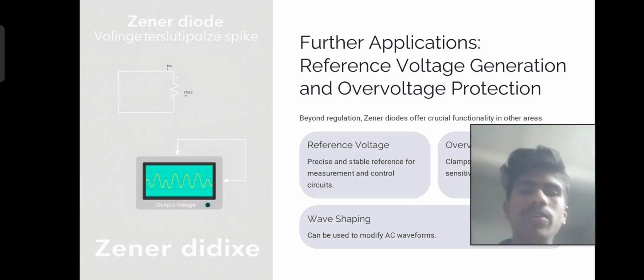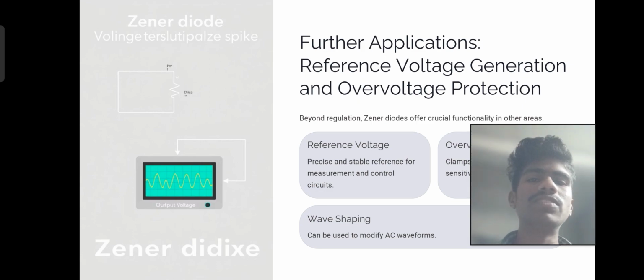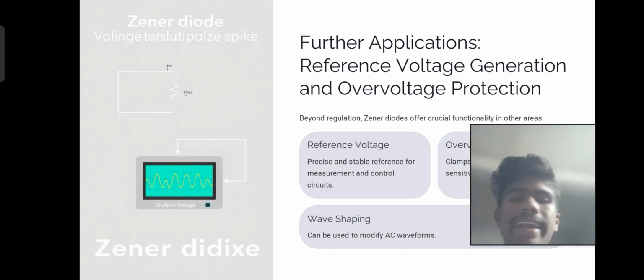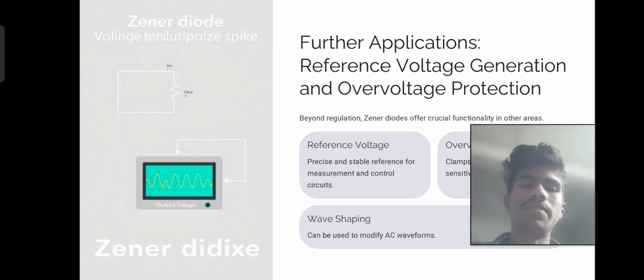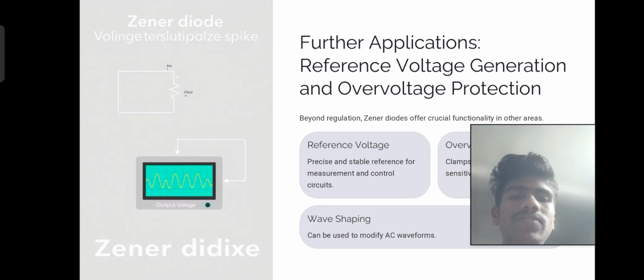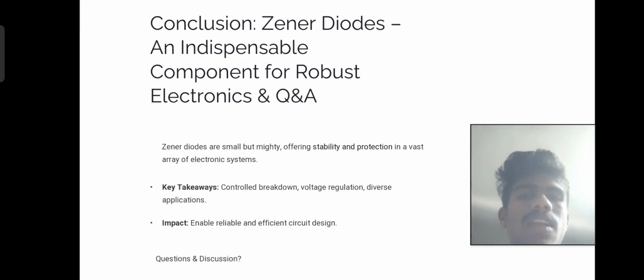For a heavily doped junction, the depletion region width is very small, and as a result the electric field across the junction becomes very high and conduction starts. The diode breaks down, and this is called Zener breakdown. It occurs for reverse voltage less than 6 volts, lower than avalanche breakdown, and its impacts enable reliable and efficient circuit designs.